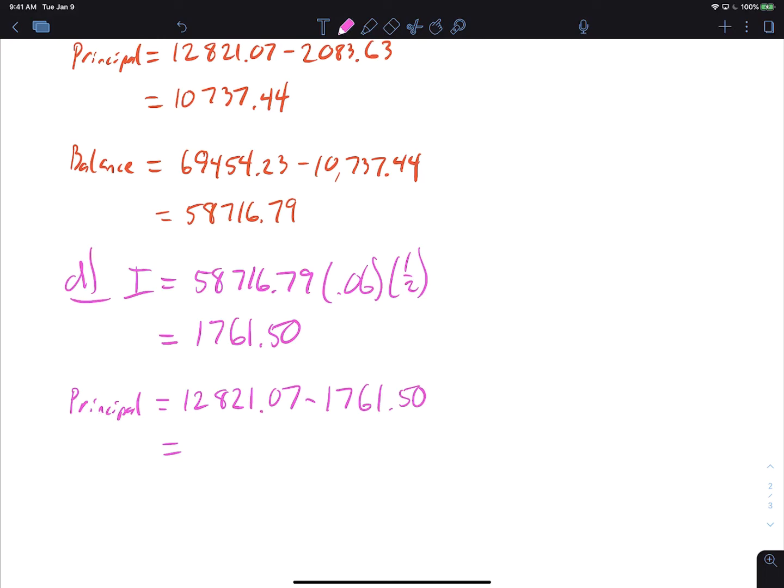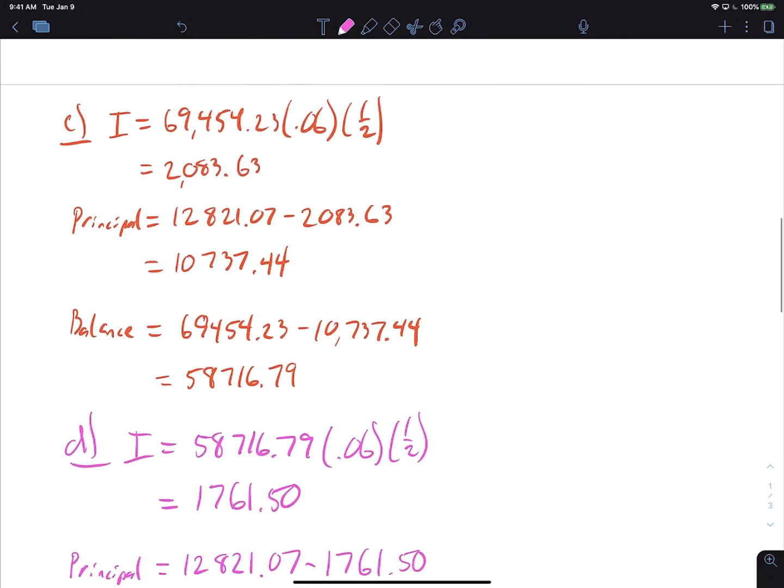So 12,821.07 minus the 1761.50, which is $11,059.57.